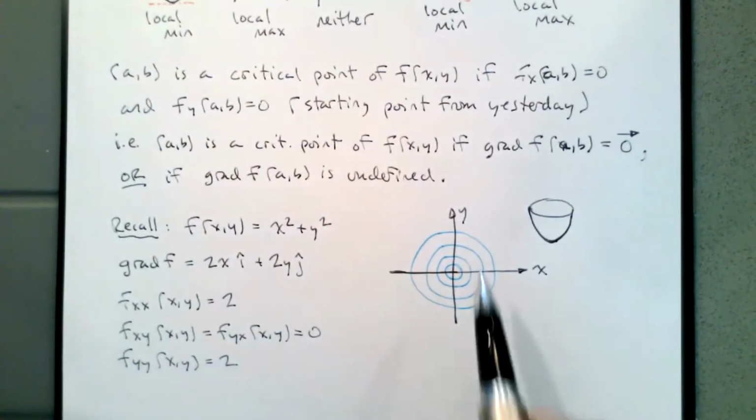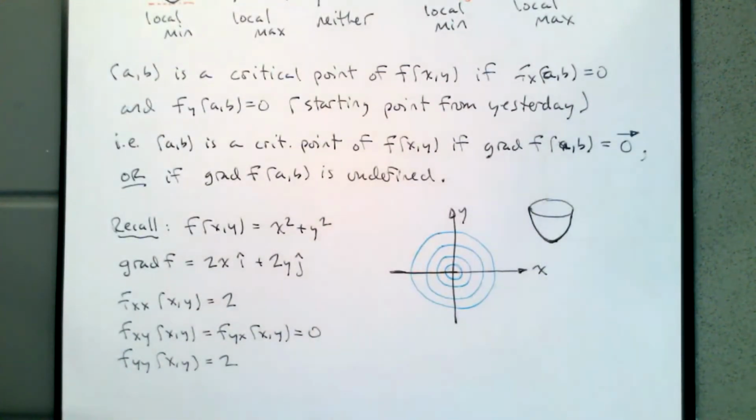This fits with what we know is going on on this surface. fxx is the positive 2.